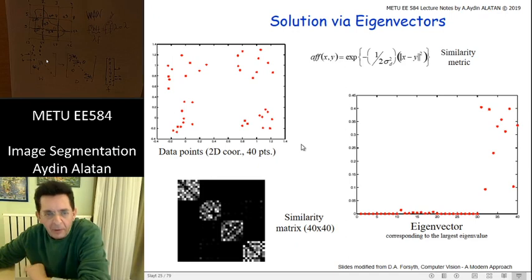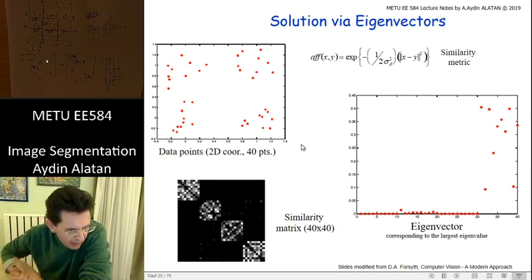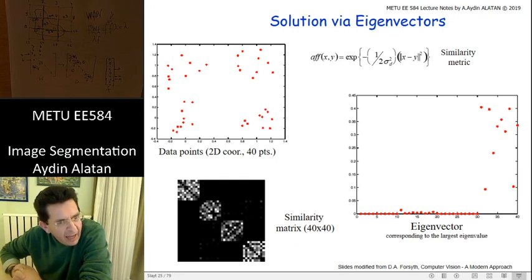Therefore, this very simple technique, an affinity matrix, an eigenanalysis, the eigenvector corresponding to the largest eigenvalue, is simply giving us a solution for the nodes, the pixels, whatever, here in this toy example, for the nodes which are most near to each other.